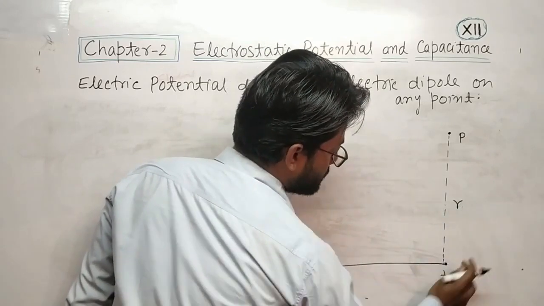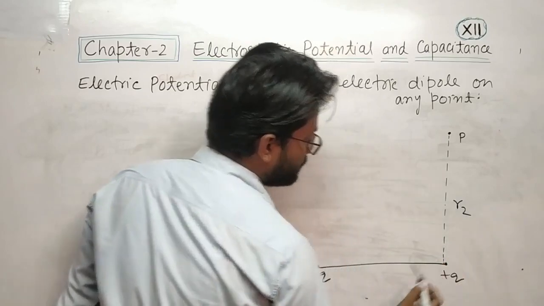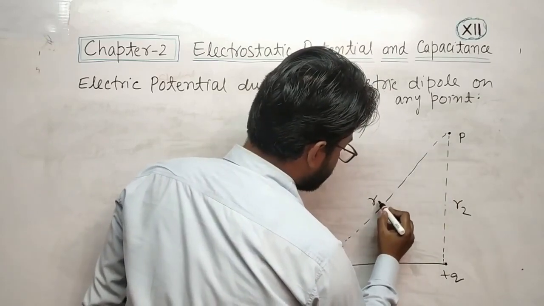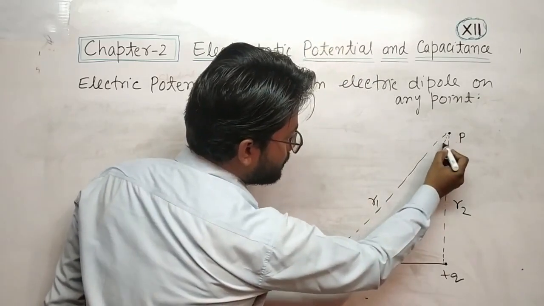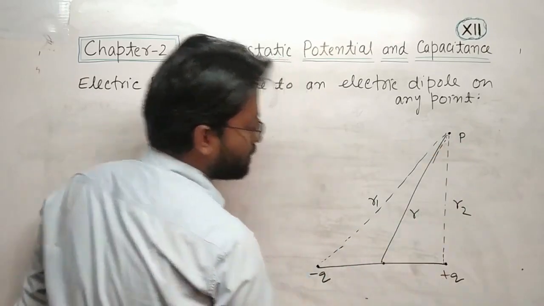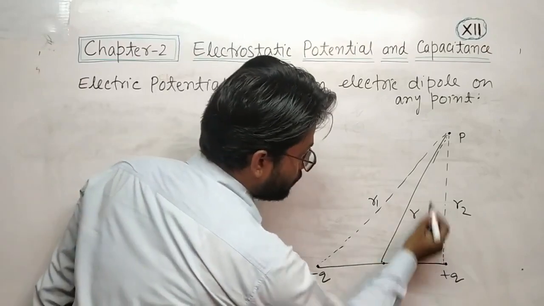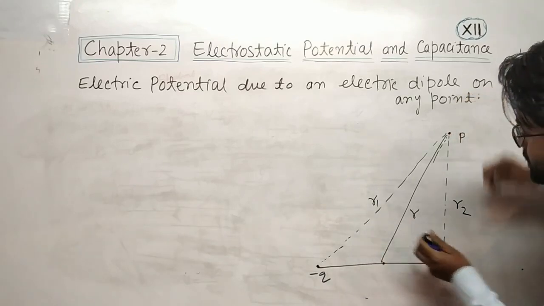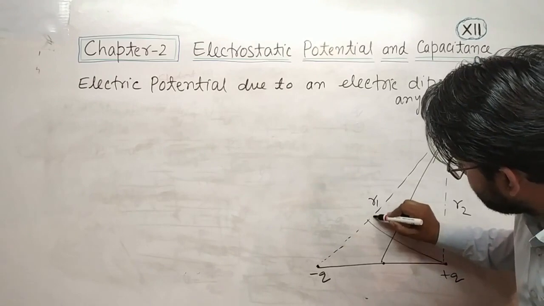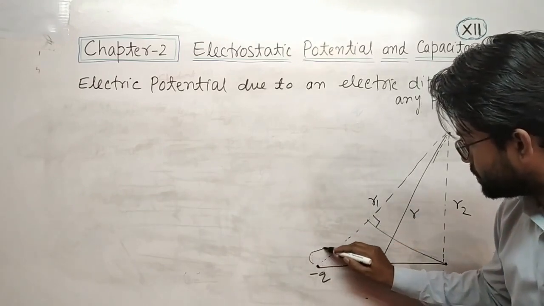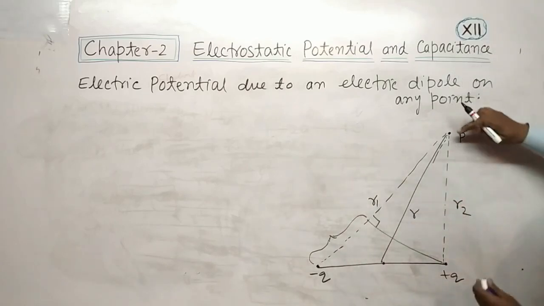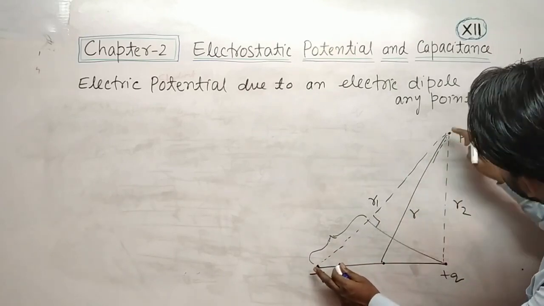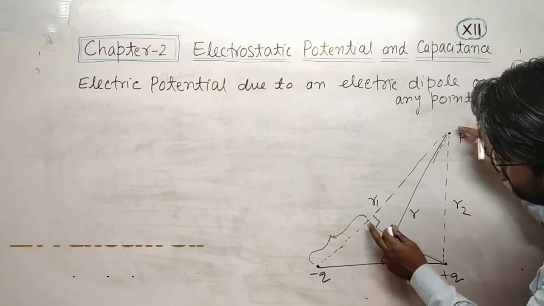This distance is, let us suppose, R2, and this distance is, let us suppose, R1, and from the middle point this is R. If you take an arc of equal distance, this is perpendicular, this is R2 and this is R1, so this distance will be equal to R1 minus R2.